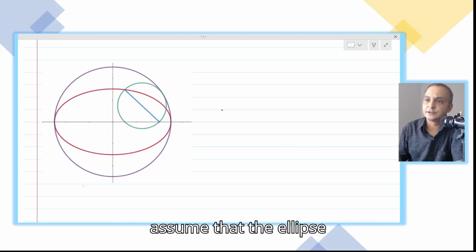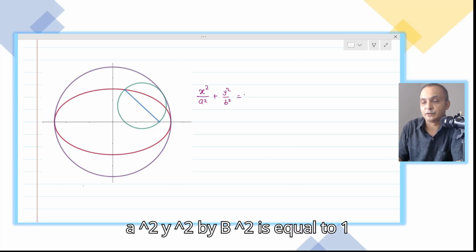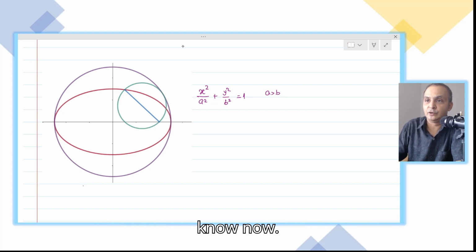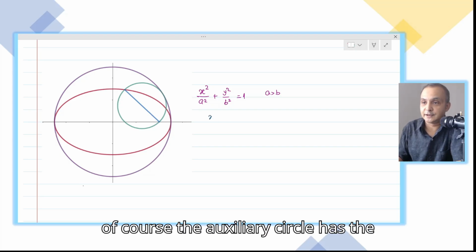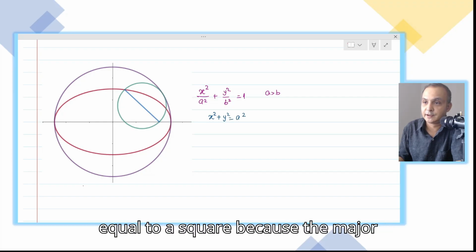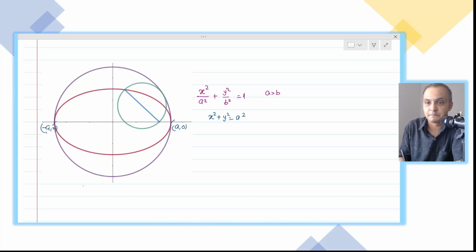So for that, let's assume that the ellipse equation is x squared by a squared plus y squared by b squared is equal to 1, where a is greater than b, we already know. Now I have to draw the auxiliary circle. Of course the auxiliary circle has the equation x squared plus y squared is equal to a squared, because the major axis ends are negative a comma 0 and a comma 0.